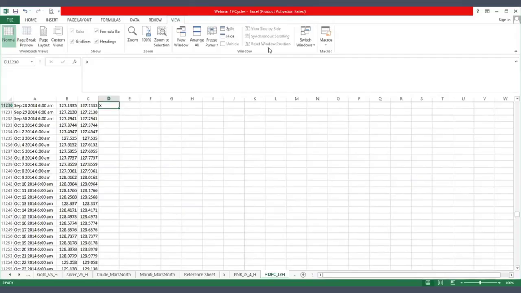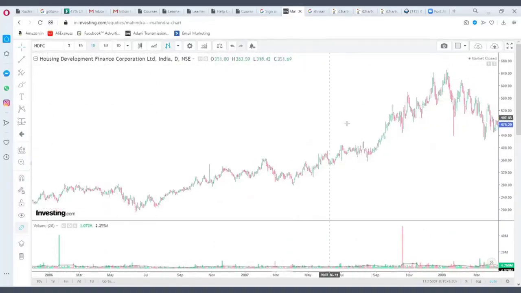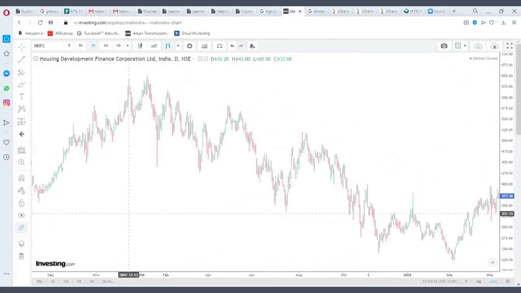We will be moving to our chart, 28 September 2014. You can see this HDFC stock is this. You can see the name. I'm removing this volume.